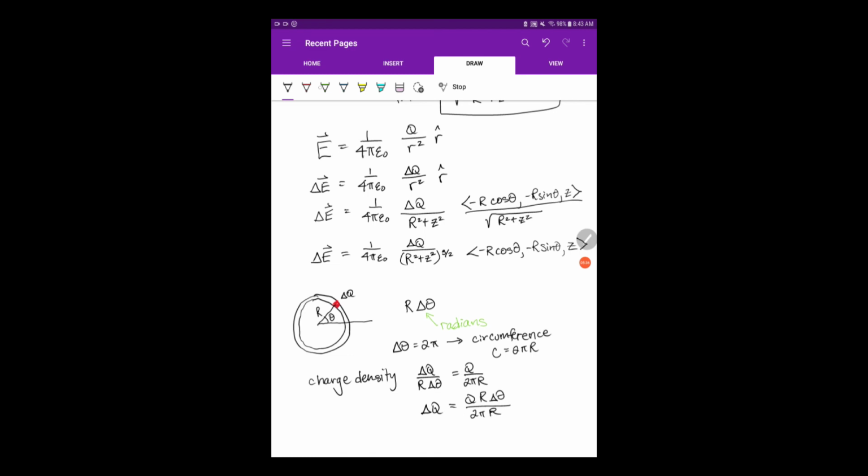And my r's will cancel. And I can write down my charge increment as the total charge times the change in the angle divided by 2 pi. So we know that when the change in angle goes to 2 pi, the delta Q has added up to the entire charge in the ring.